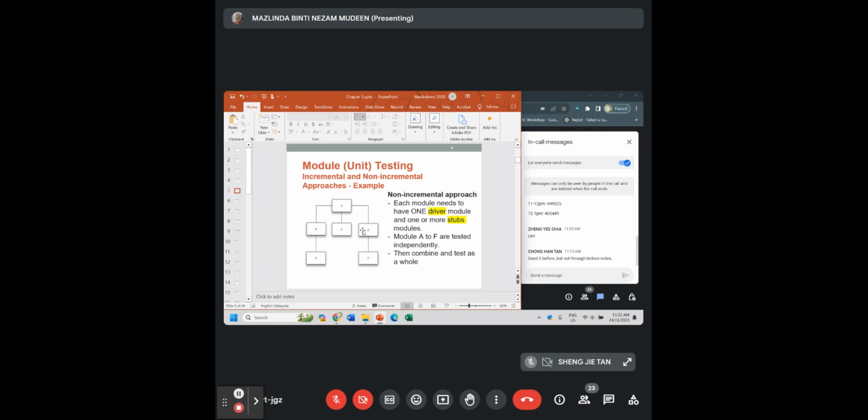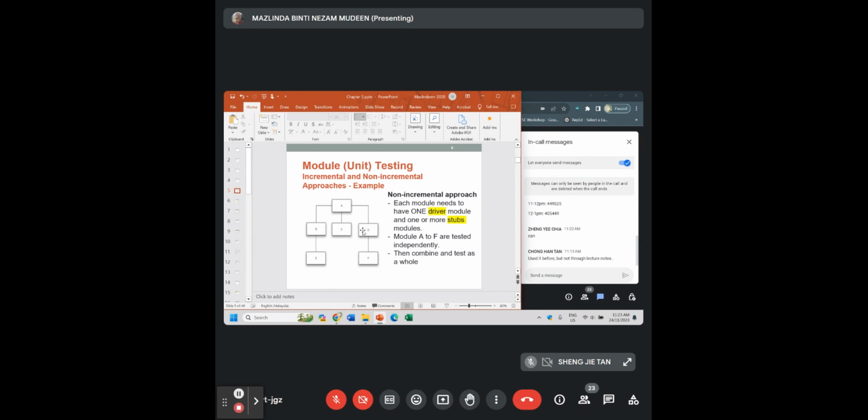Got it? Clear? Can you understand the difference? So incremental means we are combining small sizes first and then making it bigger, bigger, bigger, until the whole system. That is incremental.